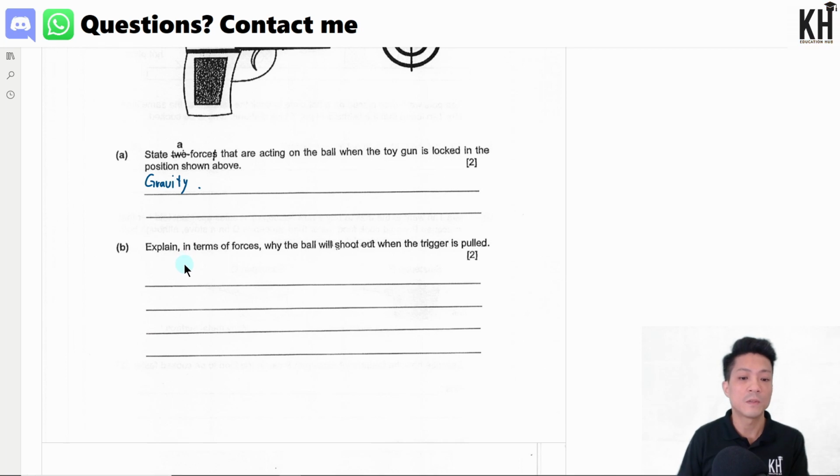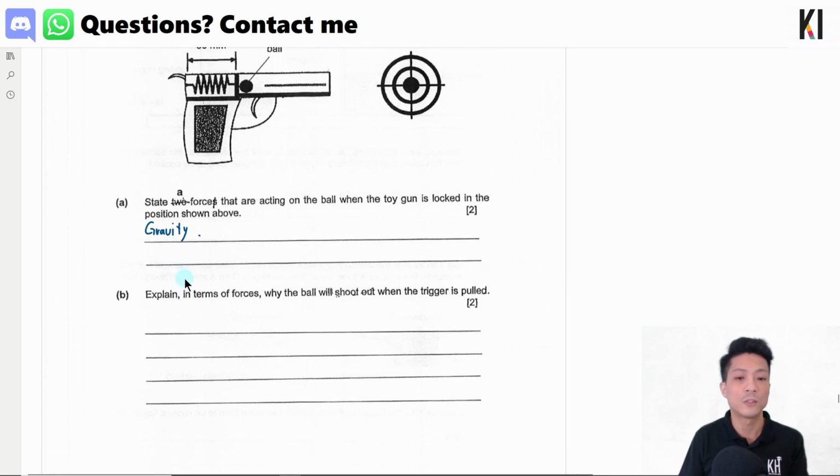So for B, explain in terms of forces why the ball will shoot out when the trigger is pulled.